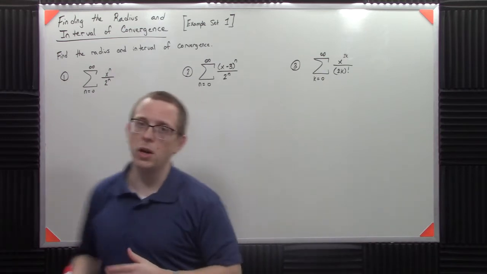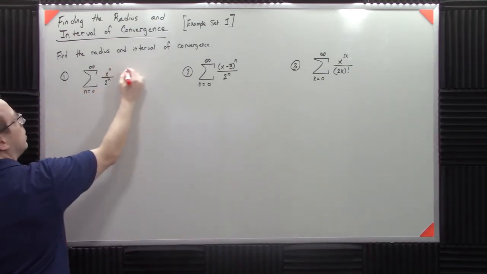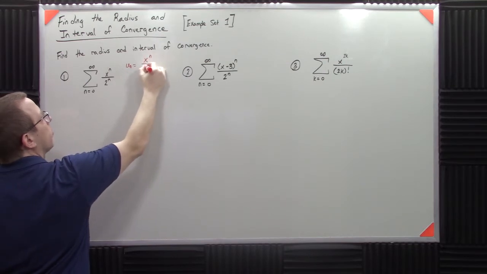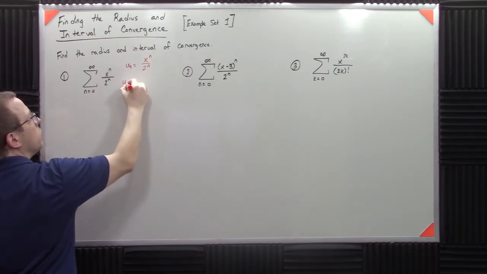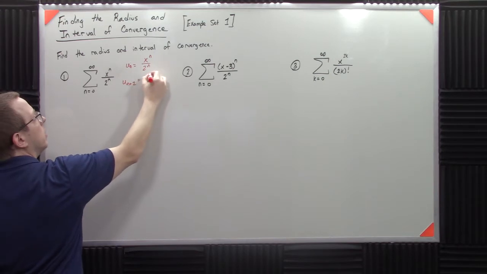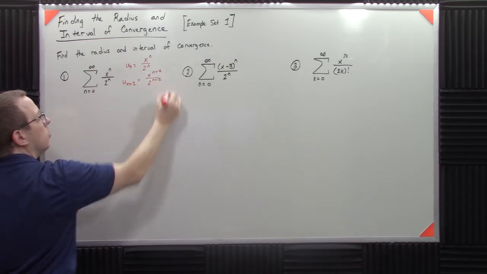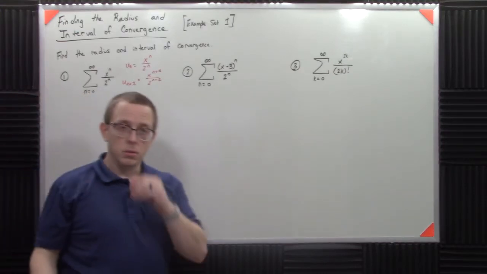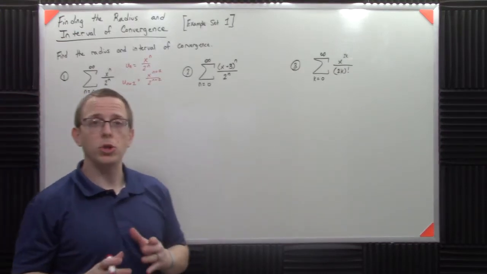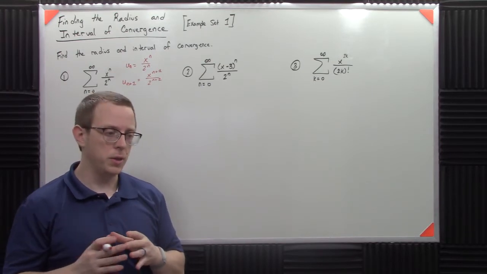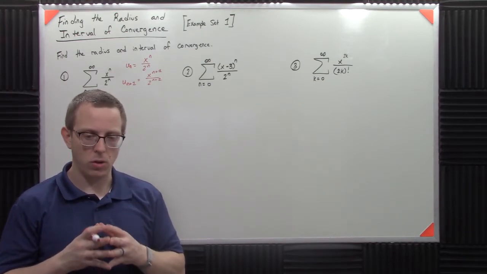So I say, okay, this u sub n is x to the n over 2 to the n. So u sub n plus 1 is x to the n plus 1 over 2 to the n plus 1. I guess what I should have done before that is figure out the center of this power series.